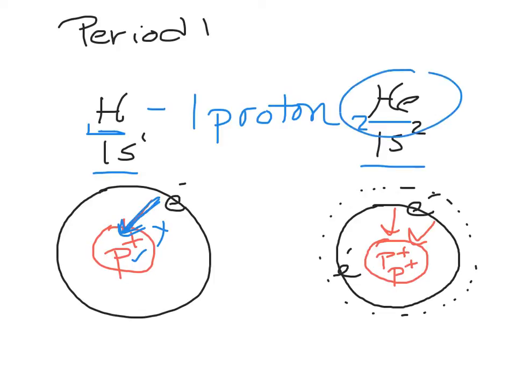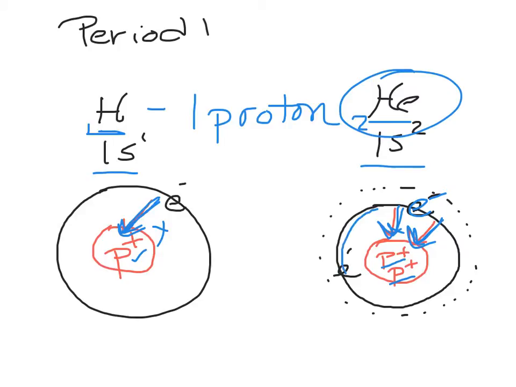Along comes helium. It now has 2 protons. It effectively has twice the attraction for the nucleus as hydrogen does. Here you have a valence electron, and it is feeling roughly 2 times the electromagnetic attraction to the nucleus as hydrogen. So what's going to happen when you feel more attracted to something? It's going to draw you in closer. You're going to want to get closer and closer to what you're attracted to.